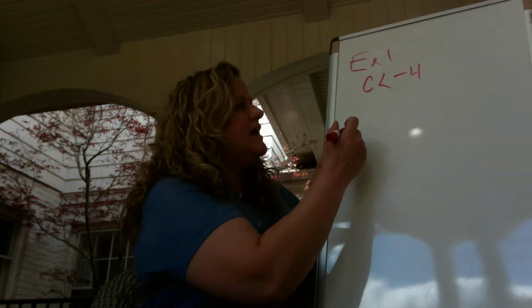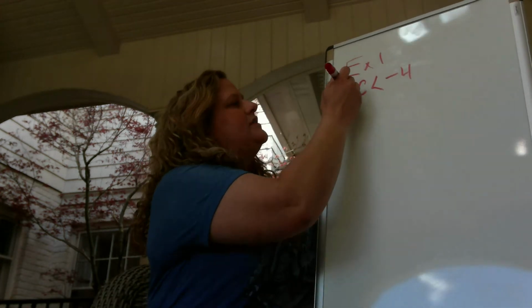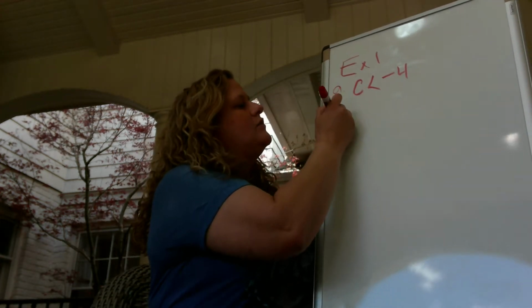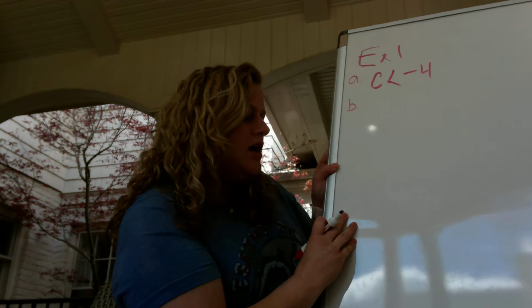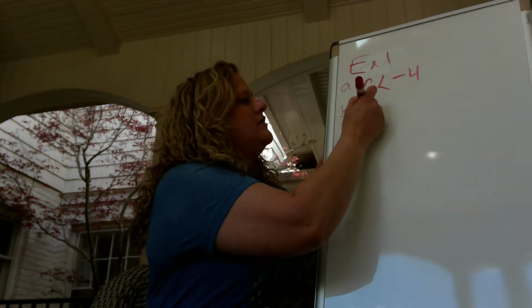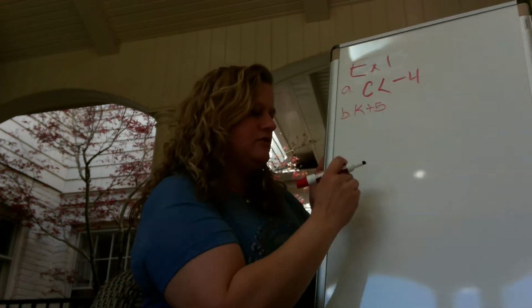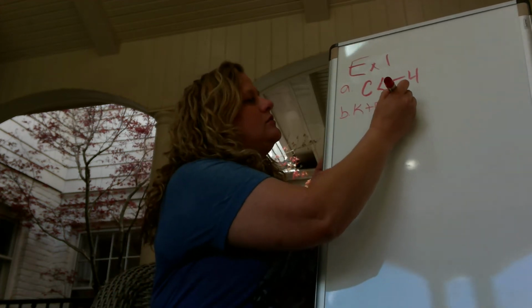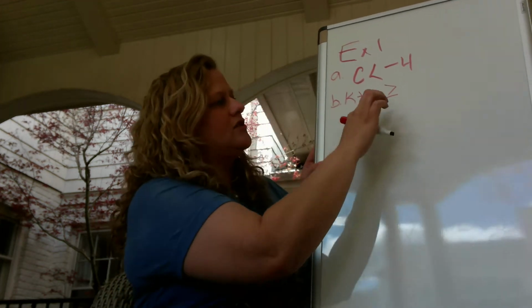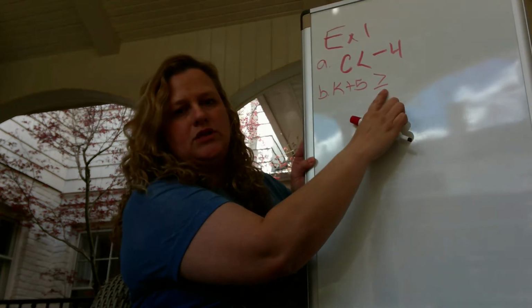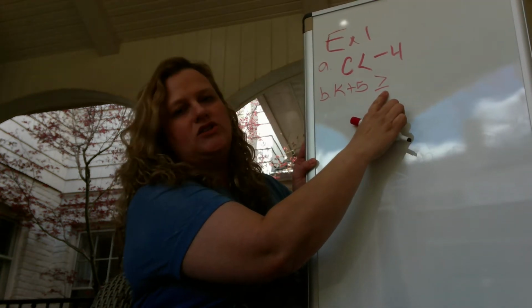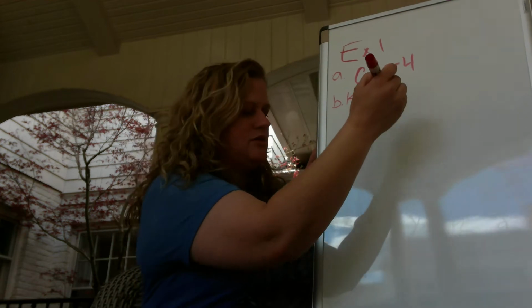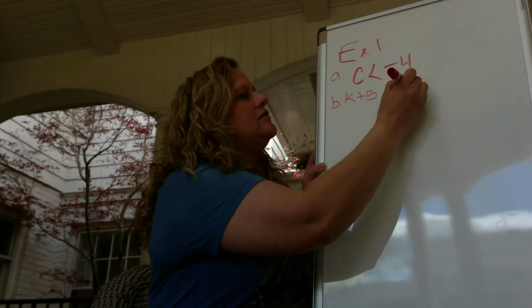A number K, this is 1A, this is 1b. A number k plus 5 is greater than or equal to. That's where we get greater than or equal to. It's kind of a combination of both symbols. Greater than or equal to 8.